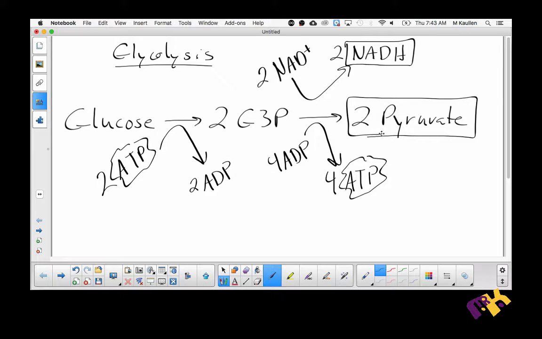Now, here is the issue when it comes to anaerobic respiration, right? In order to break down the glucose and move it into pyruvate, and to generate this 4 ATP that we have formed here, we need available to us this NAD plus molecule, right?